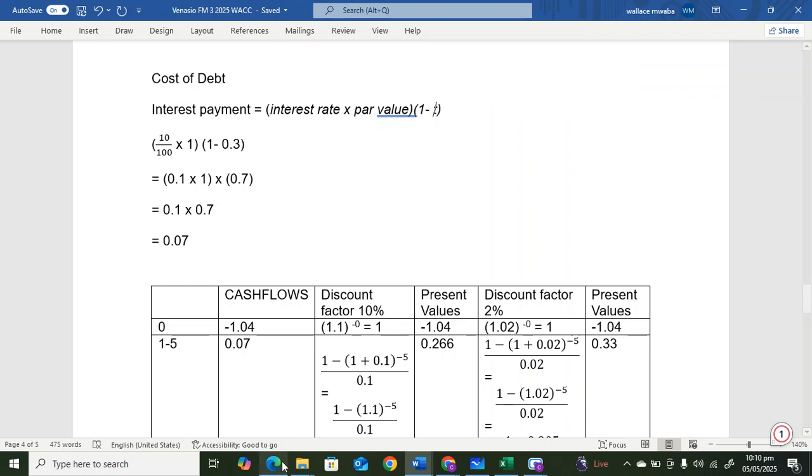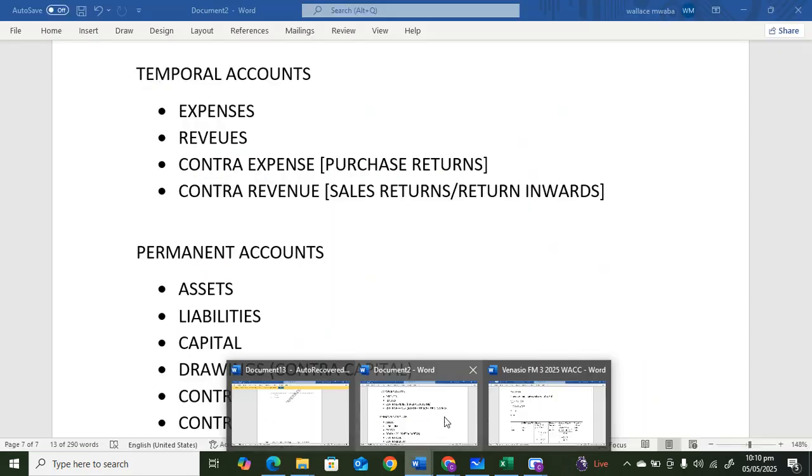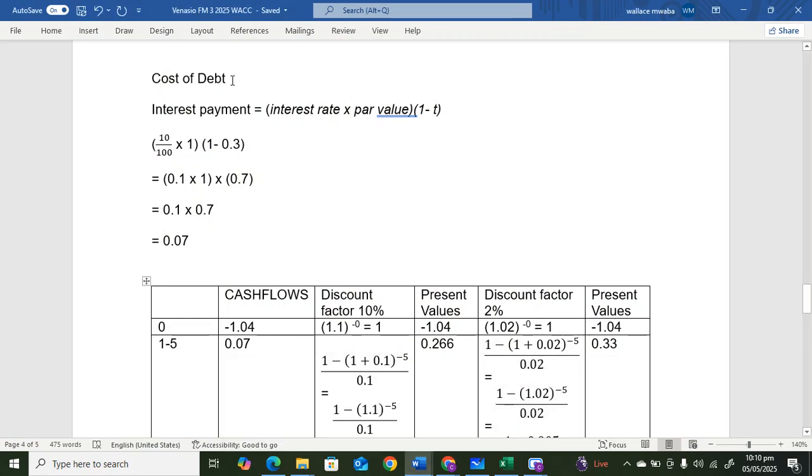So for the debt, the interest rate was what? 10%. The par value, 1 kwacha. Market price, 1.04 kwacha. So we get 10% of 1 kwacha, that is 0.1 kwacha. Then 1 minus t, where t is the tax rate.